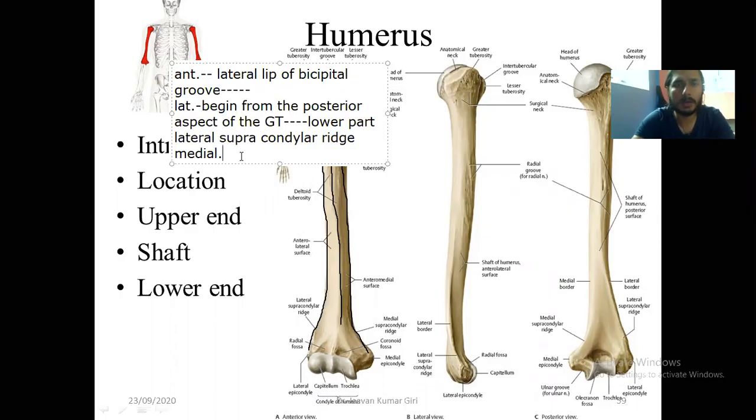Then the next, the medial border. It begins from the lesser tubercle, or from the medial lip of the bicipital groove, or a continuation of the medial lip of the bicipital groove.